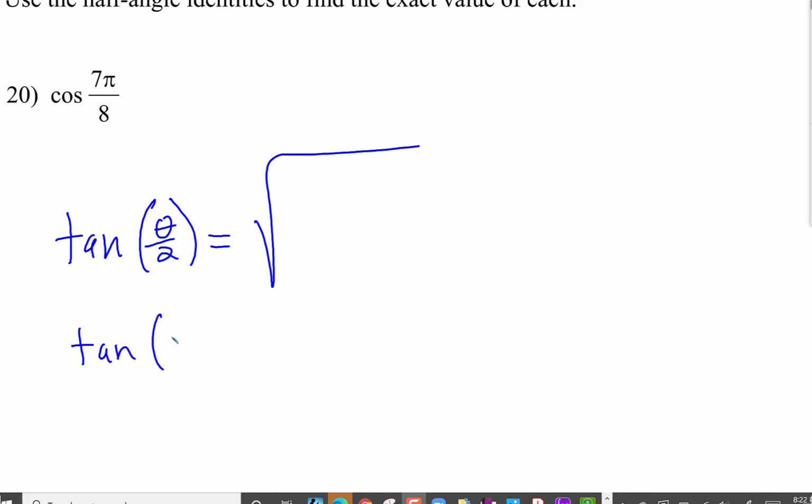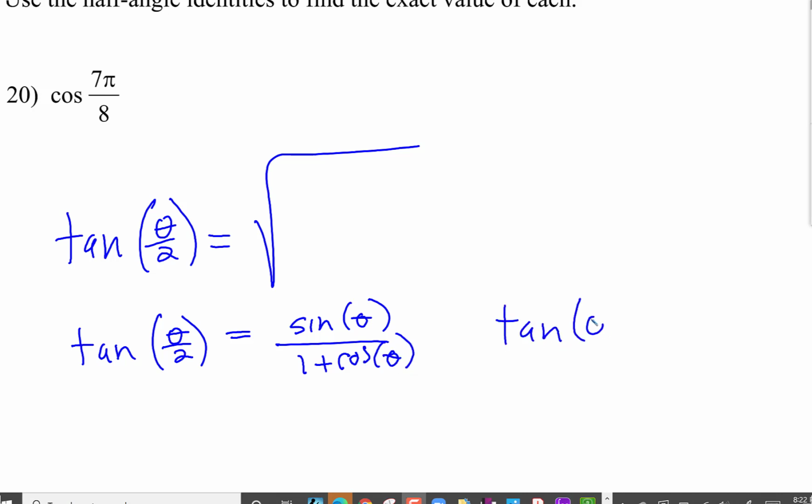It also has, so if you simplify this and you multiply by the conjugate, you also have this version, sine theta over 1 plus cosine theta. However, there's a third version.